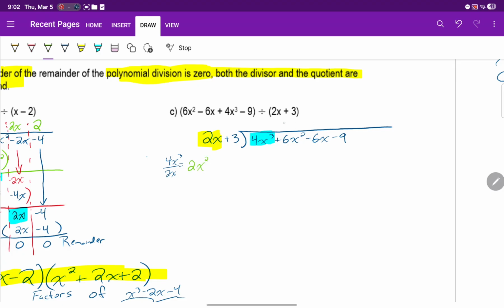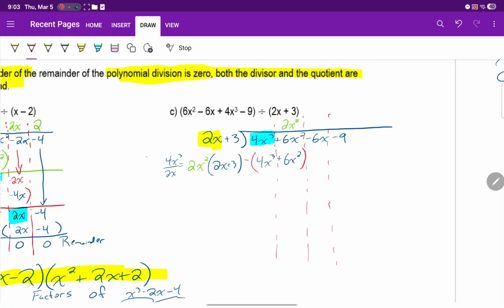I'm going to write that in my x squared column. And then I'm going to multiply that by 2x plus 3. When I do that, I get 4x cubed plus 6x squared. Now I am going to subtract these. I didn't do my columns, but you can do your columns if you want. I do find this helps keep my questions organized.